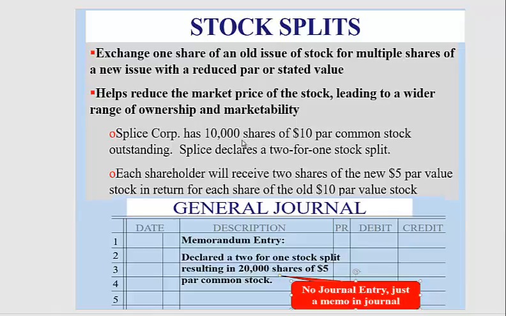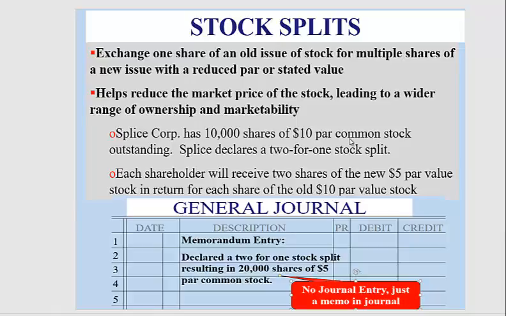So every shareholder who has 1 share of Splice will have now 2 shares of Splice. The 10,000 shares had $10 par common stock. The new 20,000 shares will have $5 par common stock.